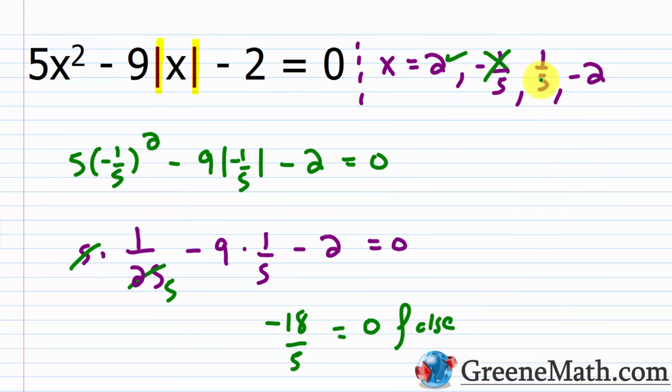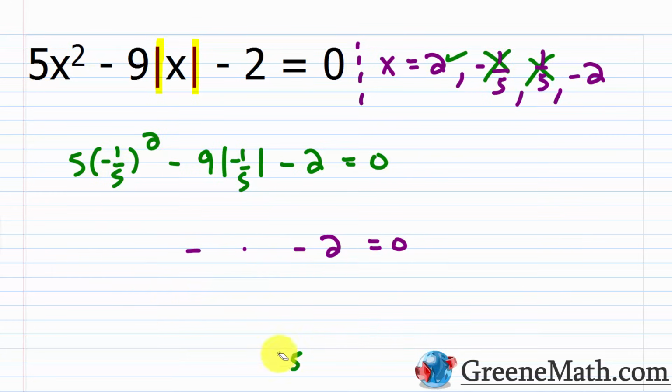Now, I don't actually need to check 1/5 because I'm going to get the same kind of result here. Squaring 1/5 is the same as squaring negative 1/5. In either case, I'm going to get 1/25. Taking the absolute value of 1/5 is the same as taking the absolute value of negative 1/5. So this would be the same, and this would be the same. So you can go ahead and reject that as well. Then the other one you have is negative 2, so let's check that.